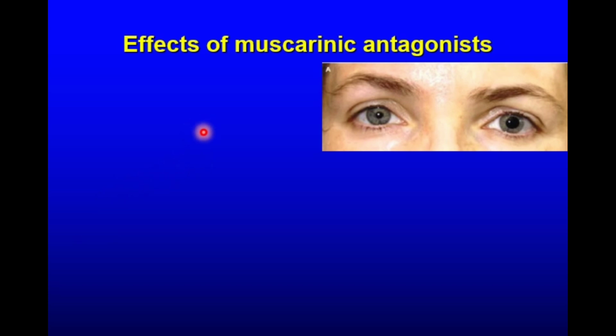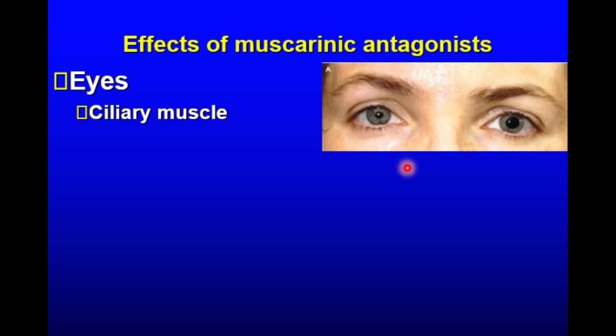By blocking muscarinic receptors, muscarinic antagonists reduce parasympathetic activity on their effector cells. For example, on the eyes, they relax ciliary muscles and paralyze accommodation. Eyes become long-sighted, also known as cycloplegia, because it causes blurred vision.